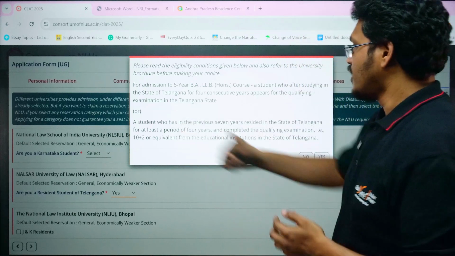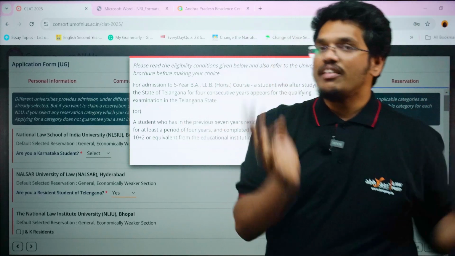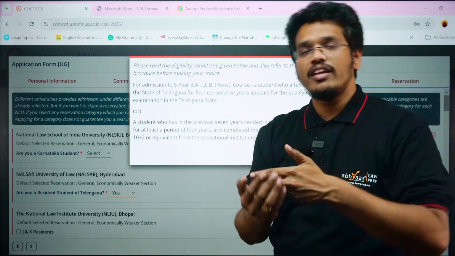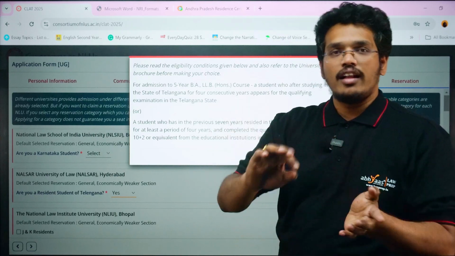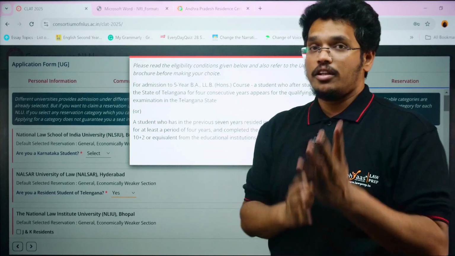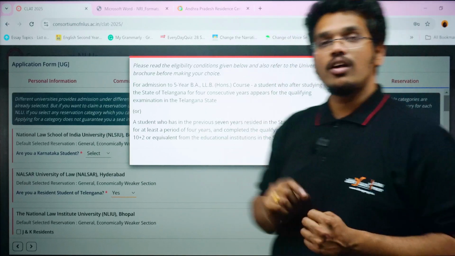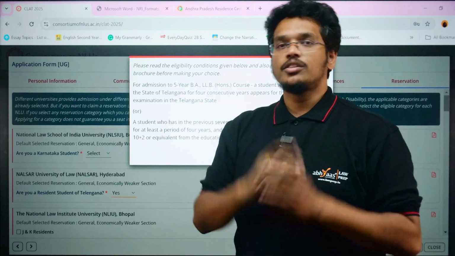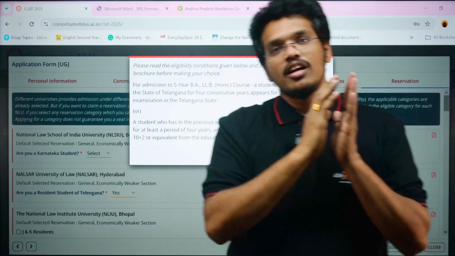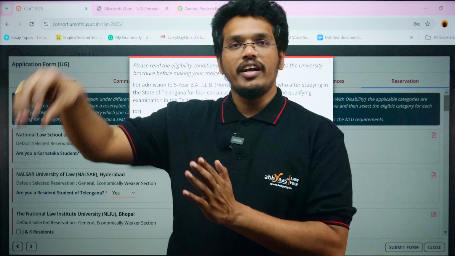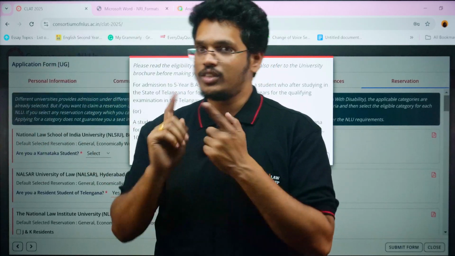The next criteria is that in the previous 7 years, you might be living alternately in Telangana and other states, but you need to live at least 4 years in Telangana and you need to write the qualifying exam in Telangana. So these are the 2 conditions. Either 4 consecutive years and writing the +2 in Telangana, that is one criteria.